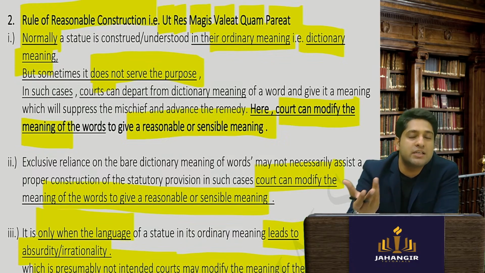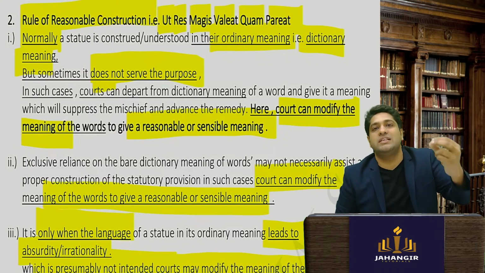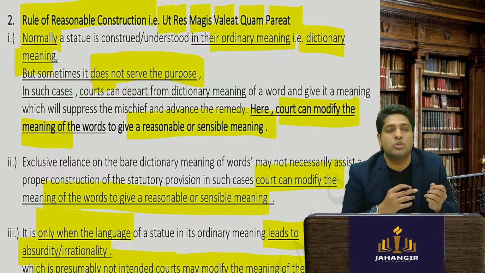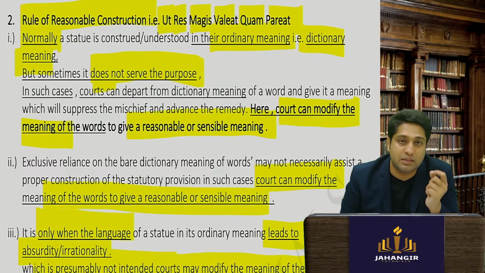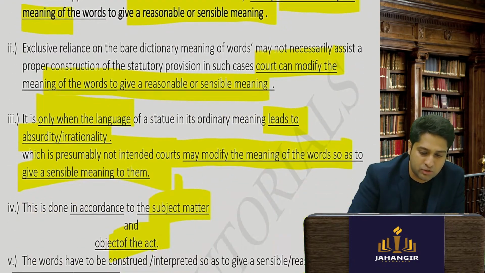That is called reasonable construction. Okay. So why is it called reasonable? Because courts modify the meaning of the word to give a reasonable or sensible meaning. Sir, beautifully understood. Let's move ahead.